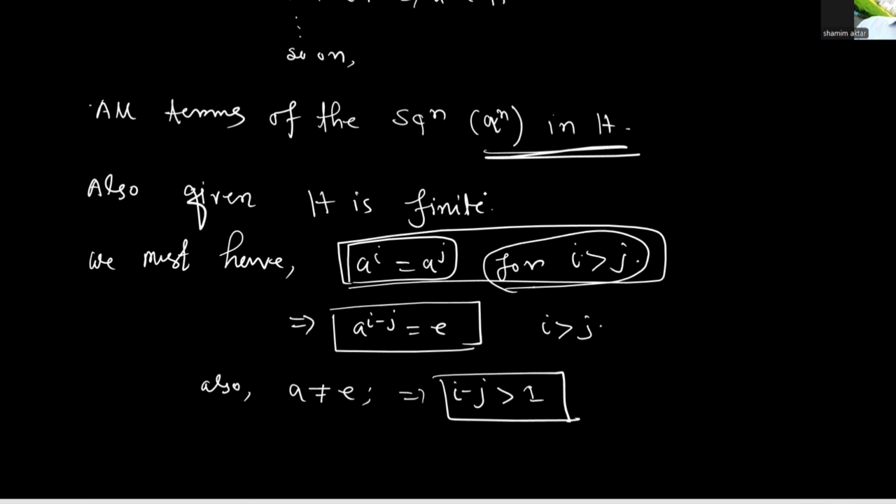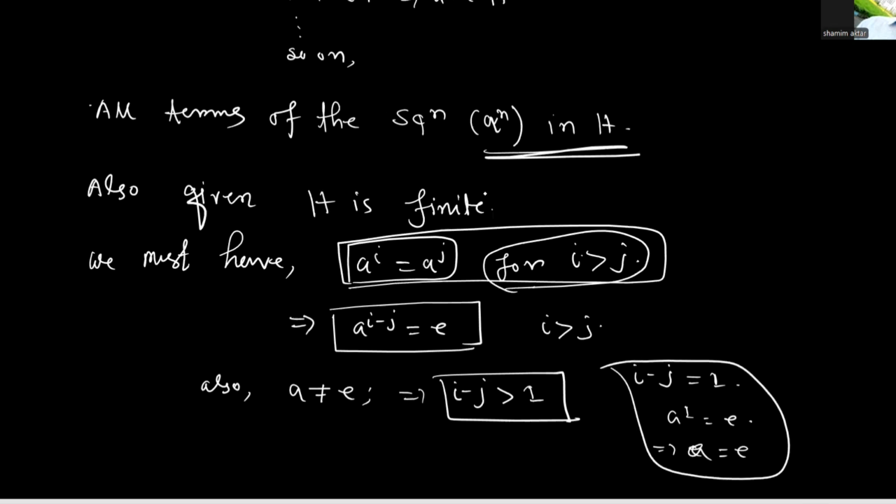Why? Because if i minus j is equal to 1, that is a to the power 1 is equal to identity, this implies a is equal to identity, which is a contradiction, because we are given a is a non-identity element. So i minus j is always strictly greater than 1.